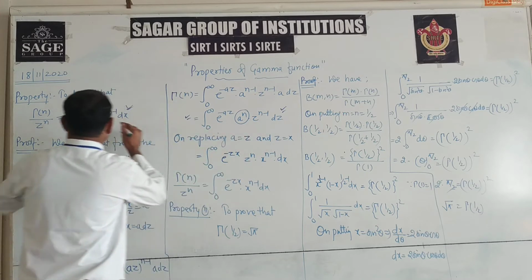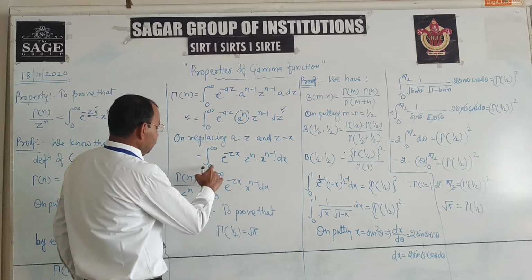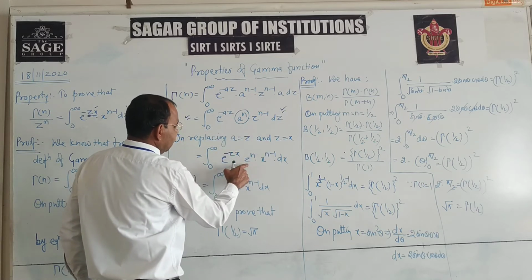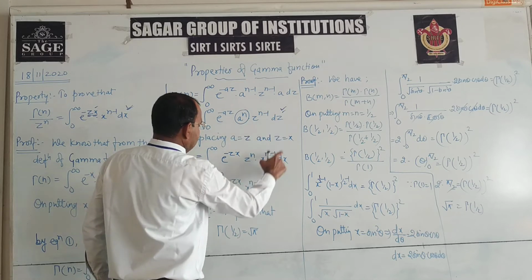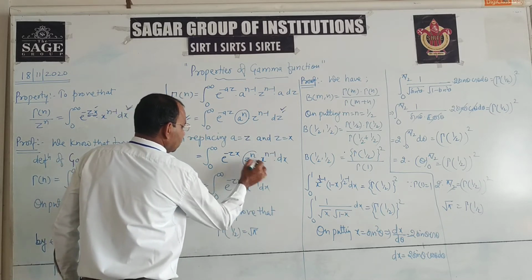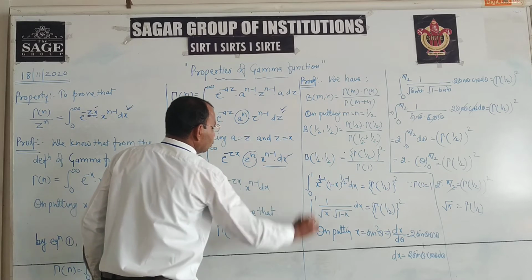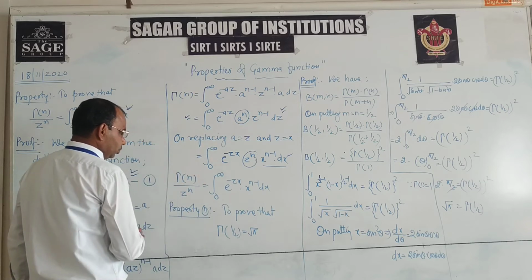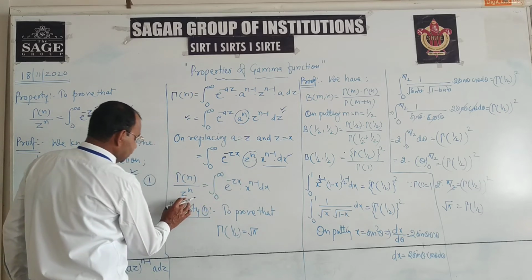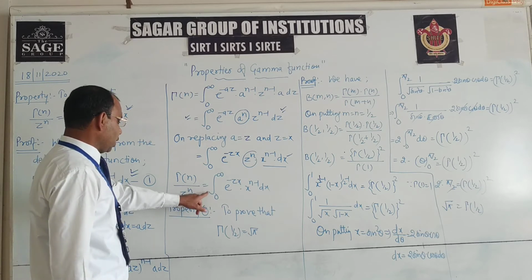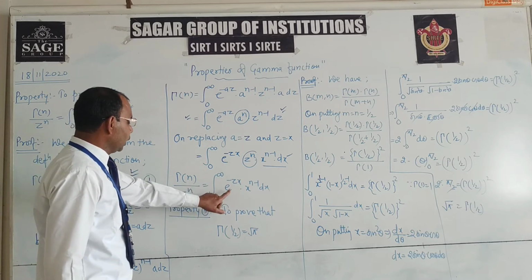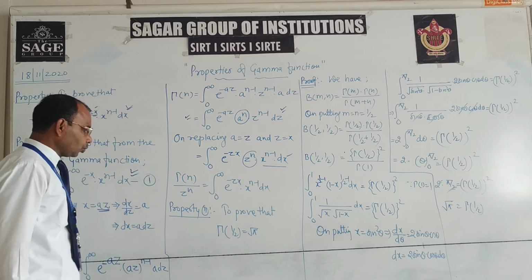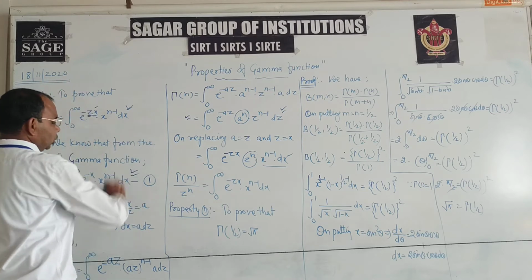So the integration is in the variable x. Taking z to the power n as the common term from the integral, gamma n upon z to the power n is equal to the integration from 0 to infinity of e to the power minus zx x to the power n minus 1 into dx. Clear? This is the proof of this property.